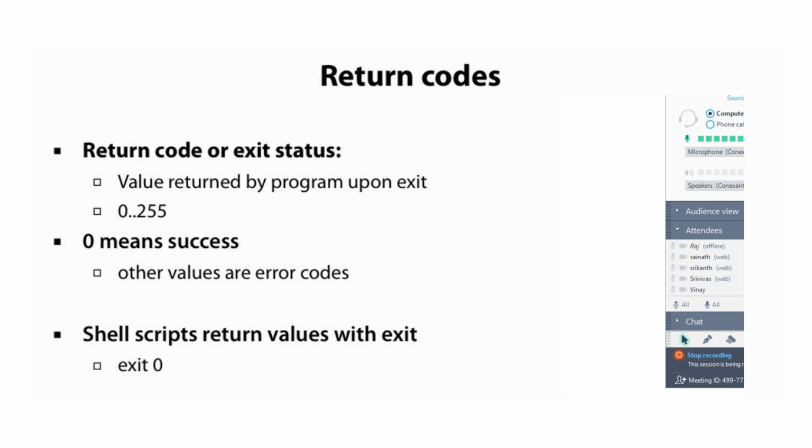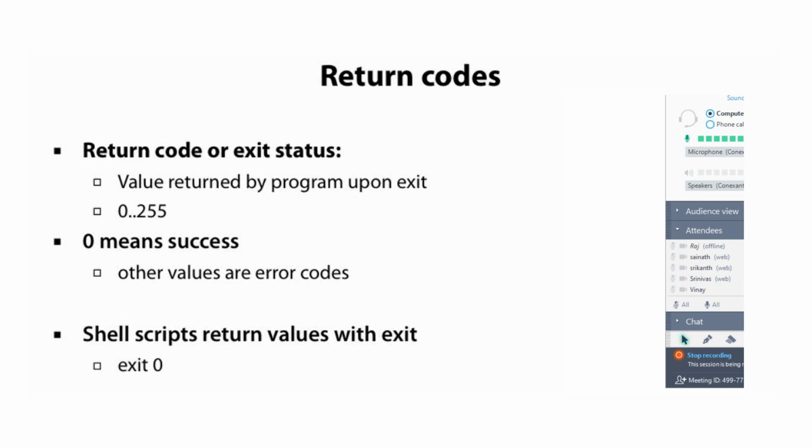Let's say you ran a particular loop. After running the loop, if that loop is successful only, do something. So we can use exit 0.